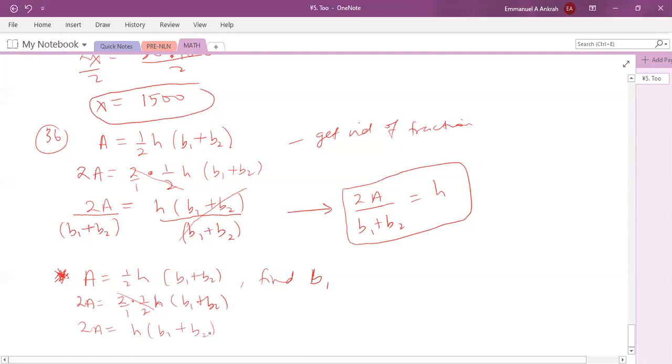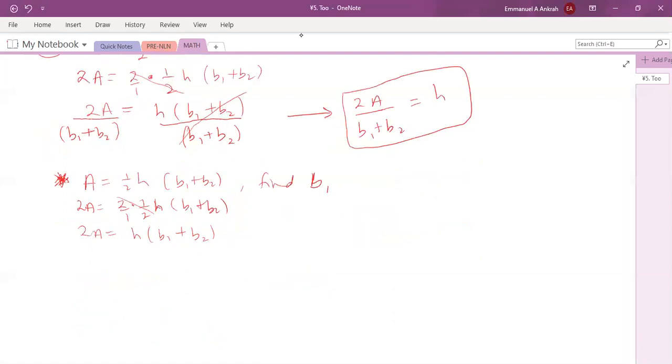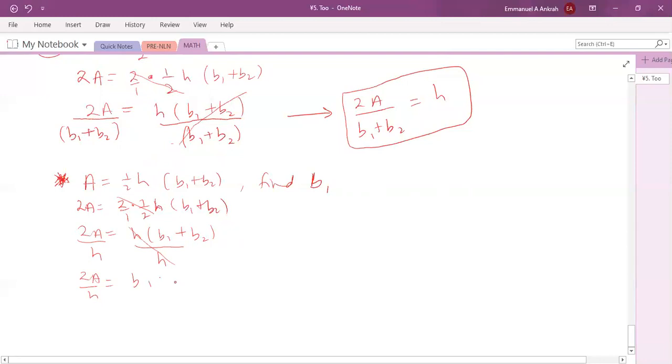All right. Then we can get rid of the H. So B1 is hiding. So we can get rid of the H by dividing both sides by H. It's multiplying, so you're undoing the process. So I divide the left side by H. So this H will cross out. So you have 2A over H is equal to B1 plus B2. So now you've gotten rid of the parentheses. Okay, so just have B1 plus B2 left.